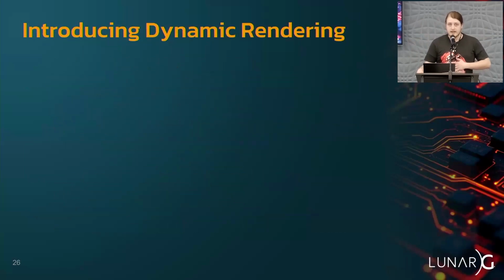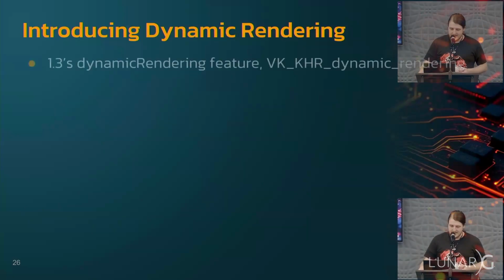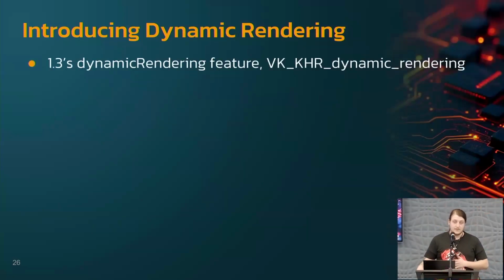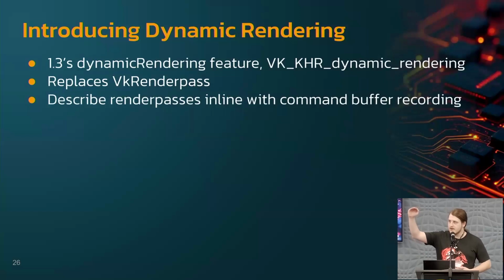So dynamic rendering is introduced and the world rejoiced. No longer in 1.3 as default and required, or there's the extension for before then. You can just drop render pass objects entirely and say inline, start rendering with these attachments, and then you do your rendering, and then you end rendering, and that's it.